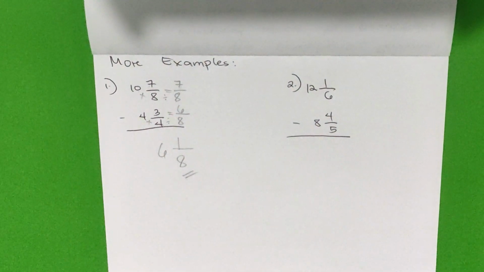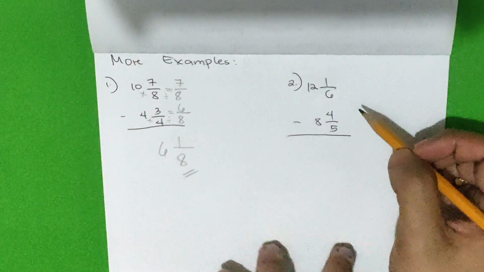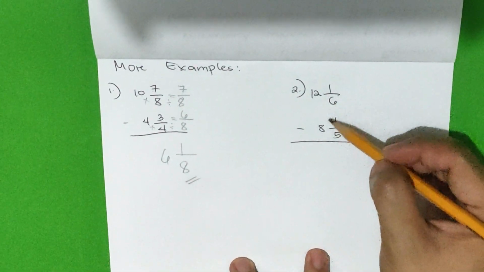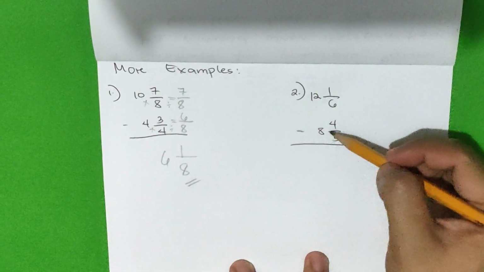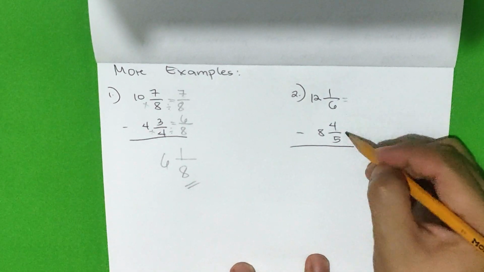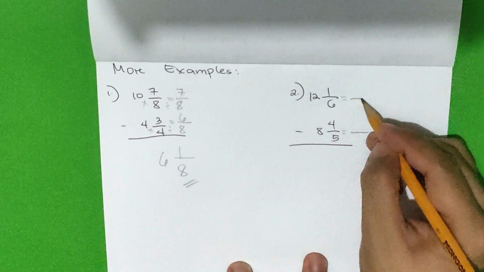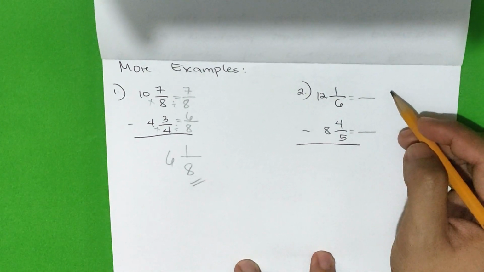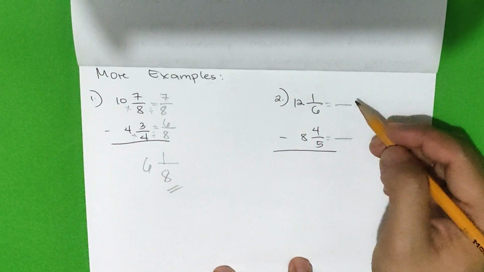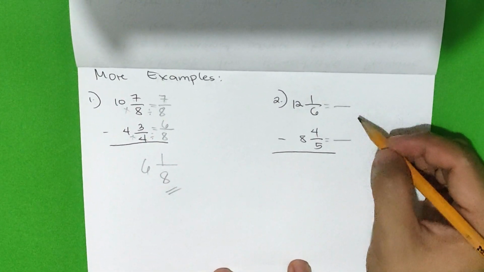But let us now try a harder one. Number 2. 12 and 1/6 minus 8 and 4/5. Since our set of fractions are dissimilar fractions, let us find their LCD. What is the LCD of 6 and 5? Wow, you got it right.